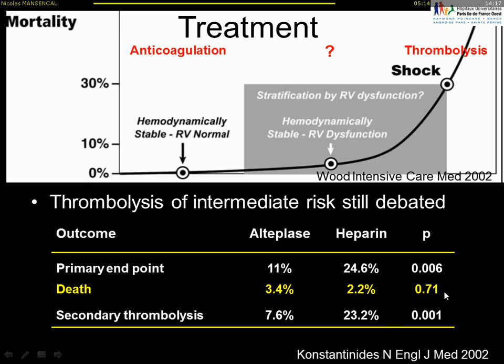No differences. And the only parameter in favor of thrombolysis is that patients who had a previous thrombolysis had fewer second thrombolysis as compared to patients without a previous thrombolysis. So it's not possible to answer this question, but in our institution, we do not perform thrombolysis in this group of patients.